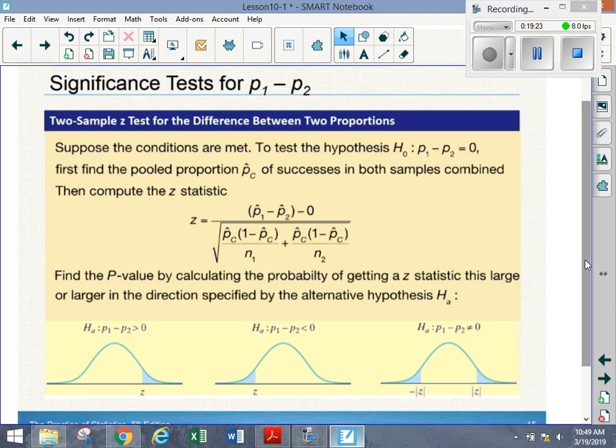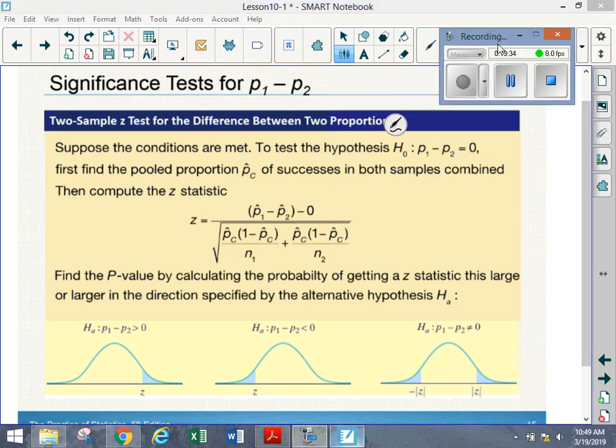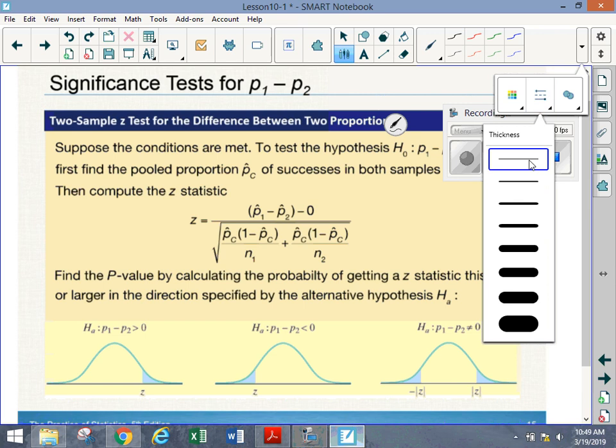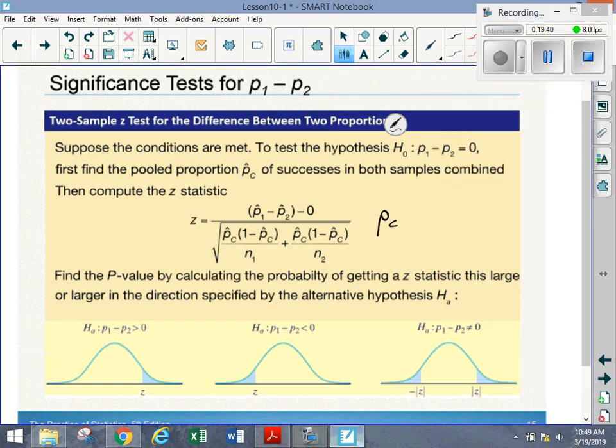It happens a lot, so be careful with that. Make sure to use the pooled value. I'd even add here that p hat sub c is equal to x1 plus x2 over n1 plus n2. I think it's a good spot.